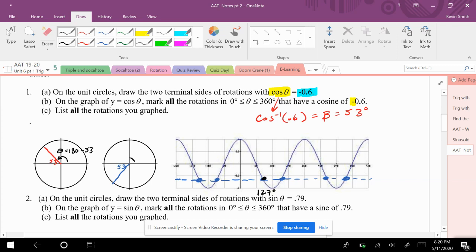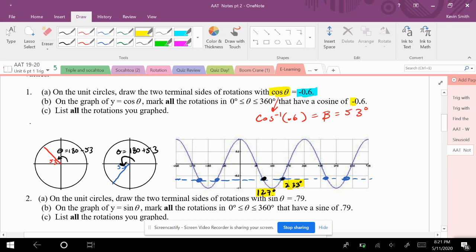And then over here, to find this theta, we'll do 180 plus 53. So we should end up with 233 degrees over here. Our second answer. Let me fix that degree symbol. Good. So we've got our first two.